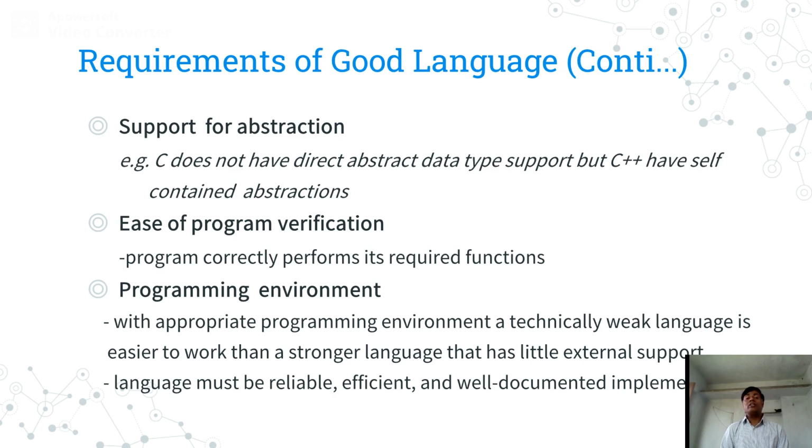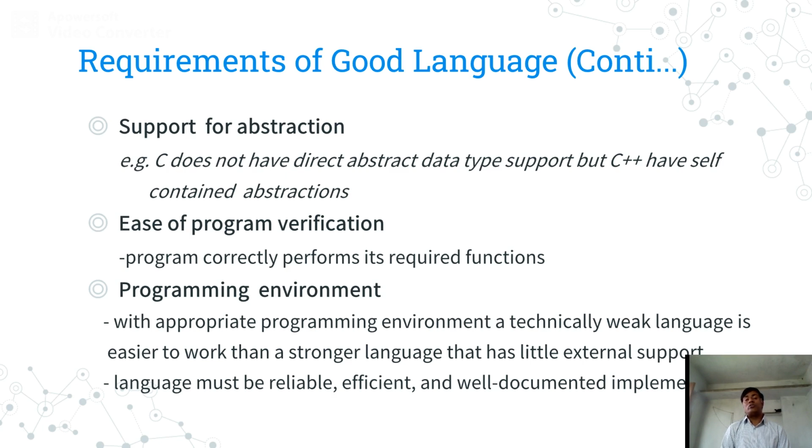Another requirement of a good programming language is program verification. Whatever program you write must correctly perform its required function, and you can easily verify that. That makes a good programming language.